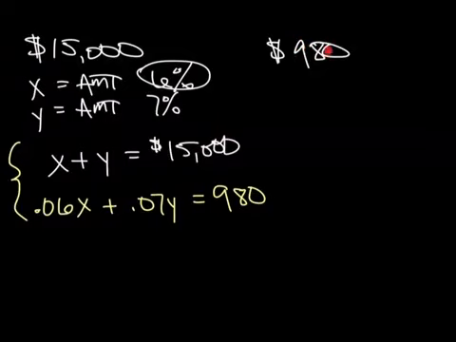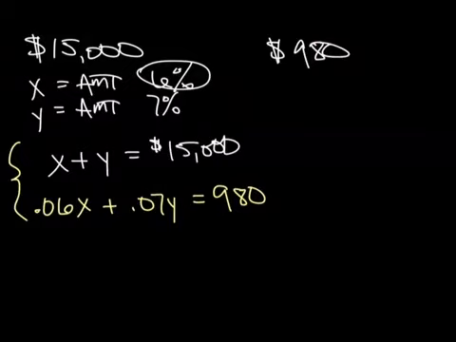To find out how much money he made above that $15,000, we have to take the percent times the amount and the percent times the amount, and that will give us the total amount that he made, which is $980. So, two equations there. One of the things that you might want to do is get rid of the decimals.